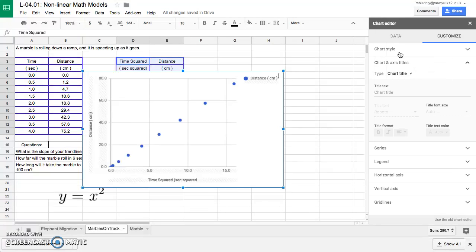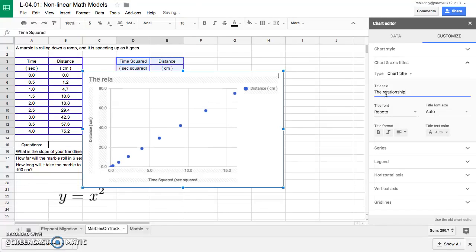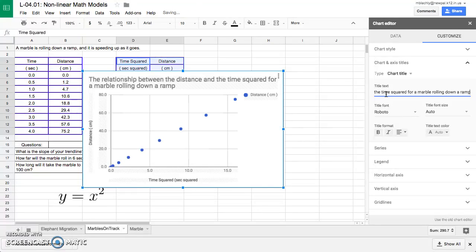My chart title is going to be Relationship between the distance and the time squared for a marble rolling down a ramp. There we go.